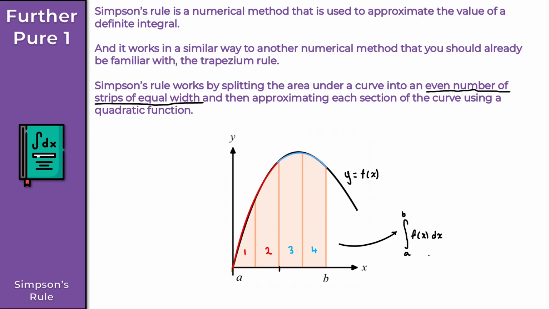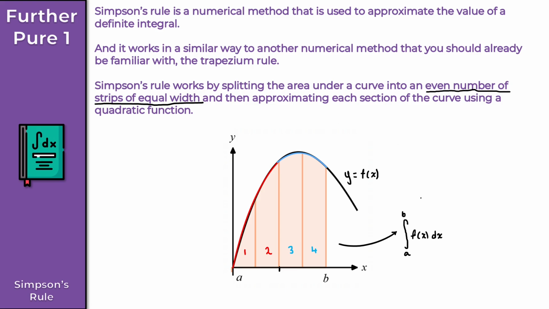And then finally, if we want the approximation for this integral, we just add those two areas together, and there we have it. That would be our approximation. Okay, so Simpson's rule is very, very handy for integrals where the process of integration isn't straightforward, or we might not even be aware of how to actually integrate the given function. In that case, we just approximate it by using Simpson's rule.